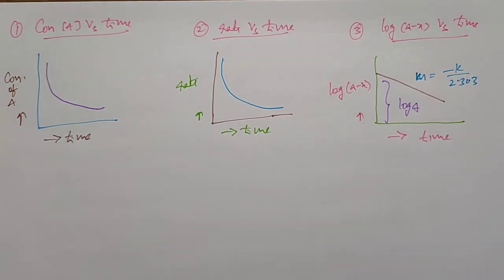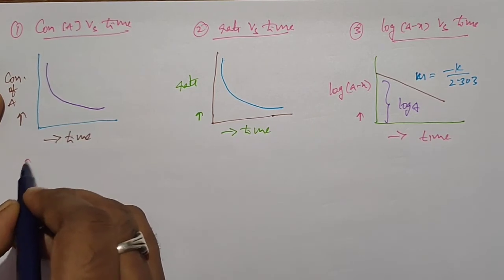And one more graph we have, that is half-life versus initial concentration. So that is the fourth graph.